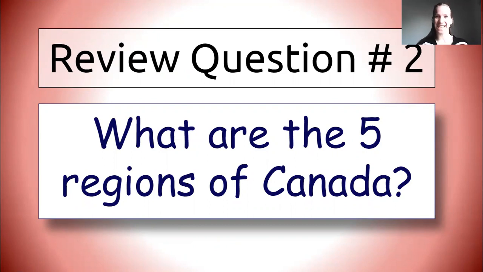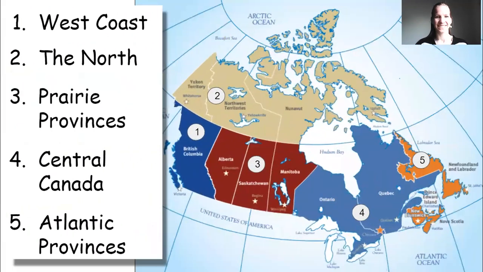But here are the answers anyway. Region number 1 is the West Coast with British Columbia. Region number 2 is the North, which has Yukon Territory, Northwest Territory, and Nunavut.